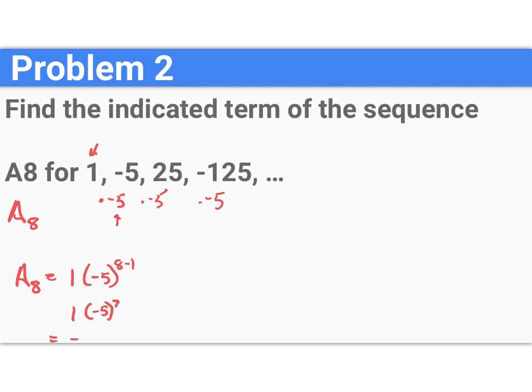And how do I know it was negative? Because I'm multiplying 7 fives, which is an odd number, and anytime you have a negative base to an odd power, you will get a negative answer, 78,125.